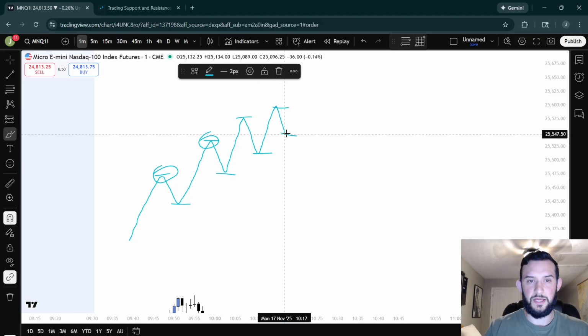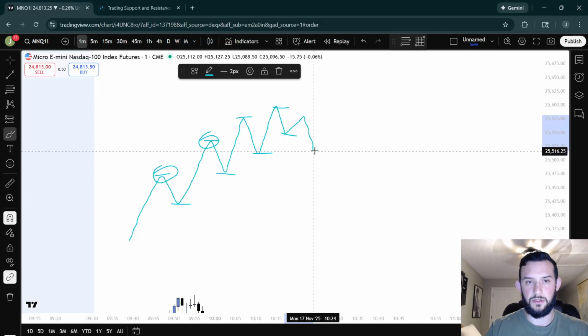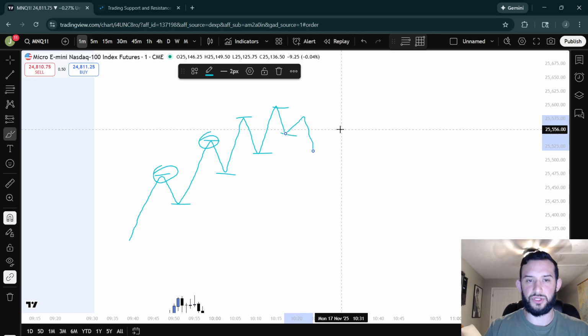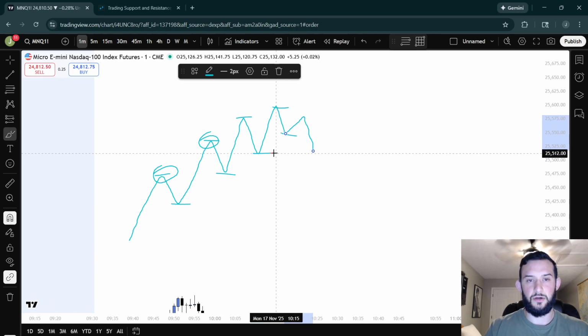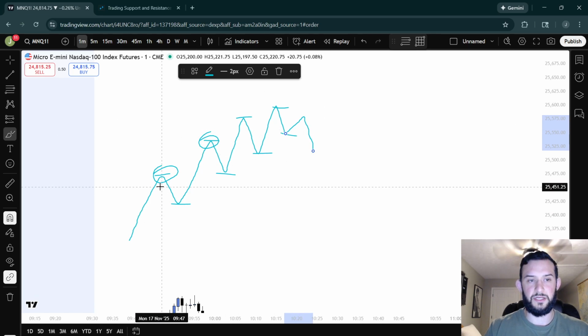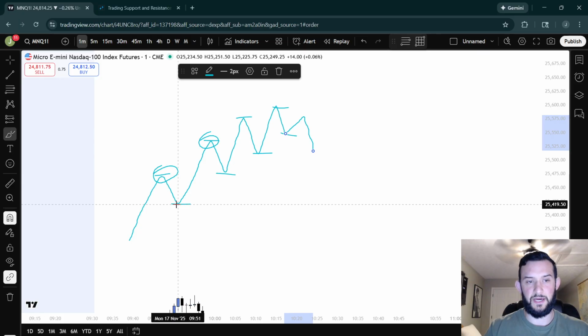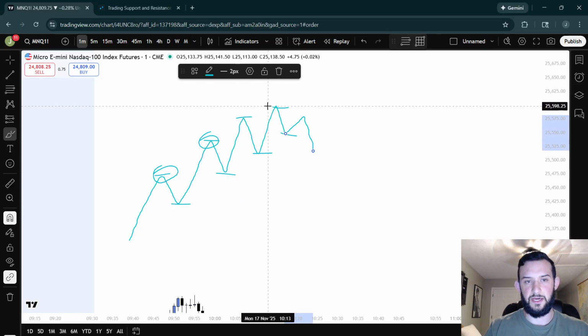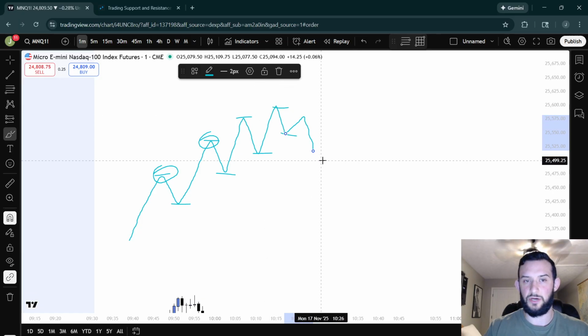What happens when this fails to make a higher high and instead makes a lower low? Then we're not in an uptrend anymore, right? We broke structure to the downside. So it continues to go up and make a higher high and a higher low each time until eventually it tops out on the ceiling, and then we get a break of structure and go down.